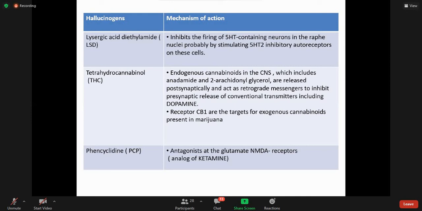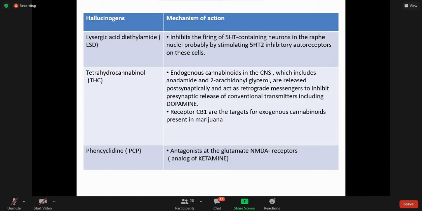Tetrahydrocannabinol: endogenous cannabinoids in the CNS, which include anandamide and 2-arachidonyl glycerol, are released postsynaptically and act as retrograde messengers to inhibit presynaptic release of conventional transmitters, including dopamine. Cannabinoid 1 receptors are the targets for exogenous cannabinoids present in marijuana.